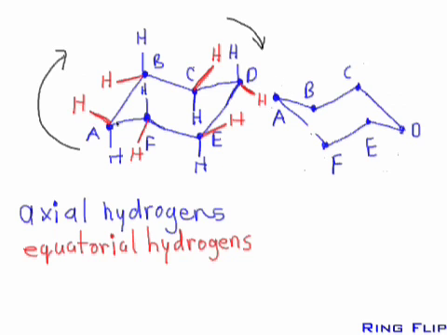This equatorial one, when you lift this up, it tilts up and becomes straight up and down. So what were equatorial hydrogens become your axial hydrogens.